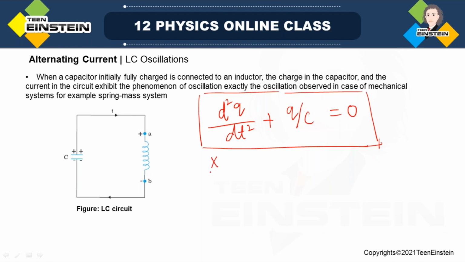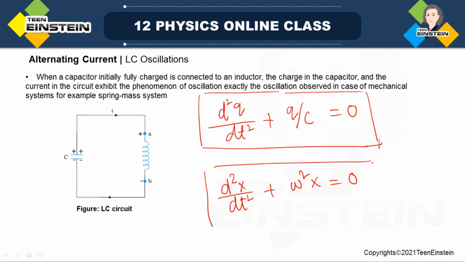We know if x is the displacement and omega is the frequency of oscillation of that mechanical system, we can write it down like this: d2x by dt square plus omega square x is equal to 0. Look, this is the familiar and well-known equation for simple harmonic oscillation.